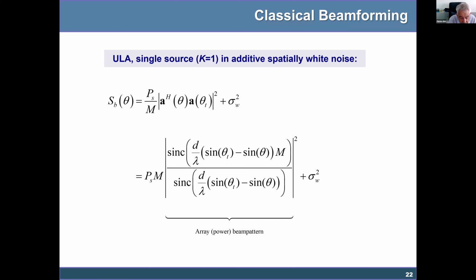So when the noise samples are spatially uncorrelated, the power spectral density of the noise is uniformly distributed with respect to angle. We don't have more noise power from some specific direction, but the power is constant from any direction. So this is the meaning of spatially white noise.